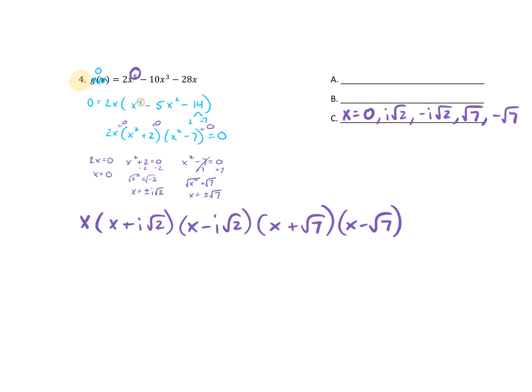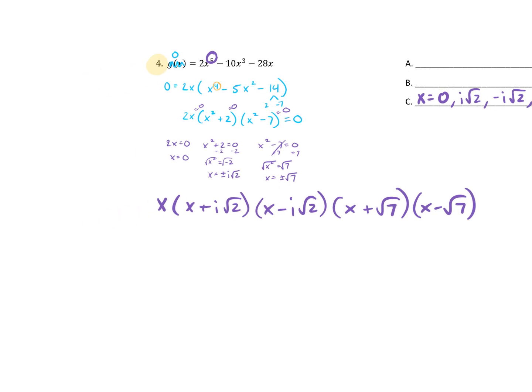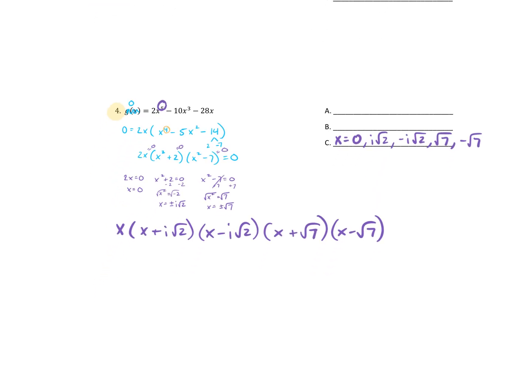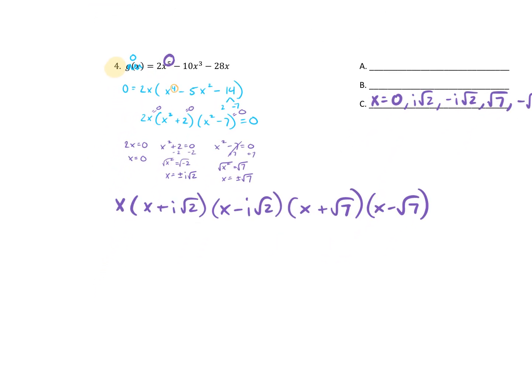But is this irreducible over the rationals? No. If it's irreducible over the rationals, we can't have what? We can't have i's. What else? Can't have i's or square roots. So we'd have to go back to the factored form before we had i's or square roots. So that would be from here.